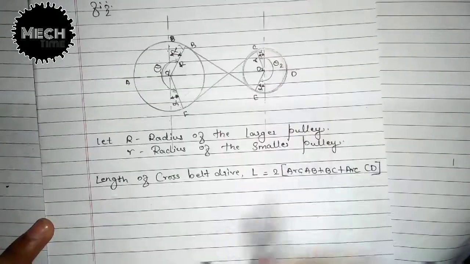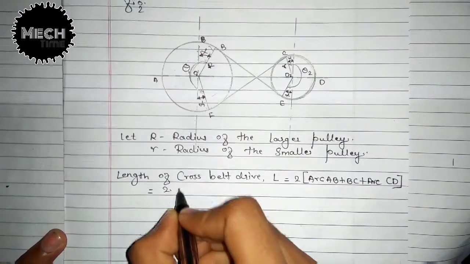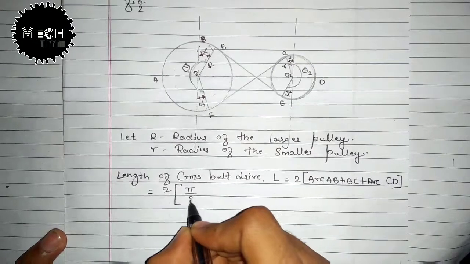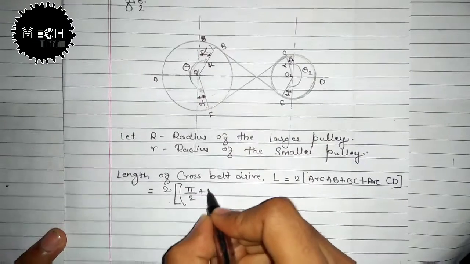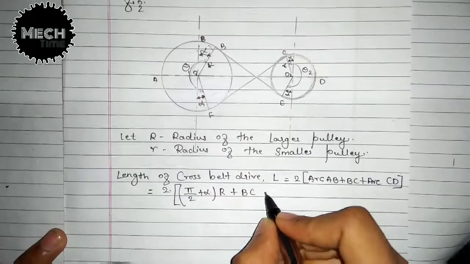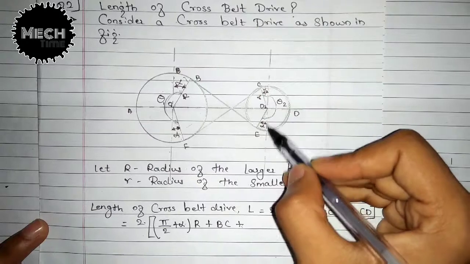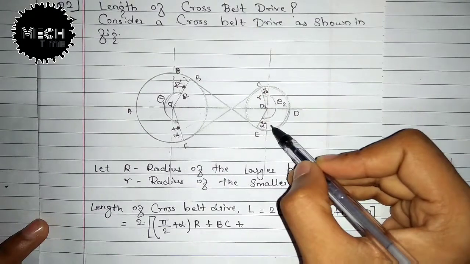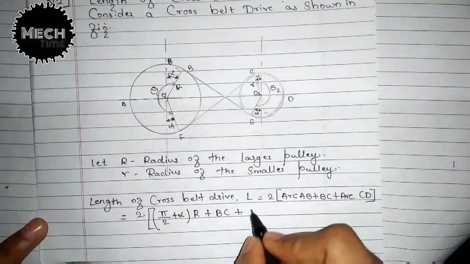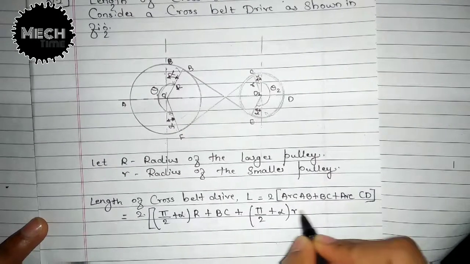Then I can write 2 times, for arc AB, for 90 degrees we can write pi by 2, plus alpha, into capital R. Similarly, for arc CD, this is 90 degrees plus alpha, so pi by 2 plus alpha into small r.